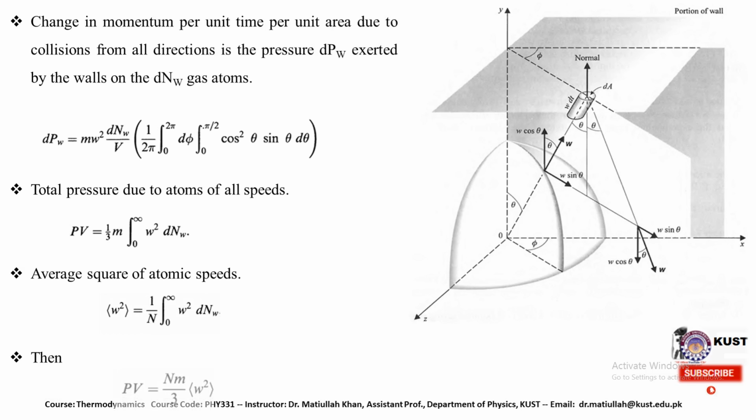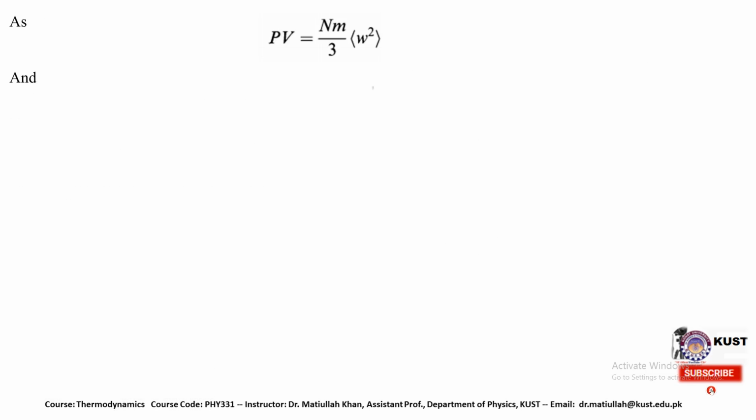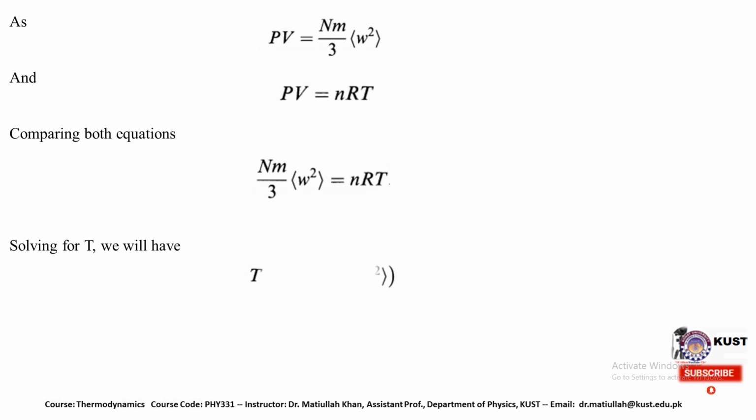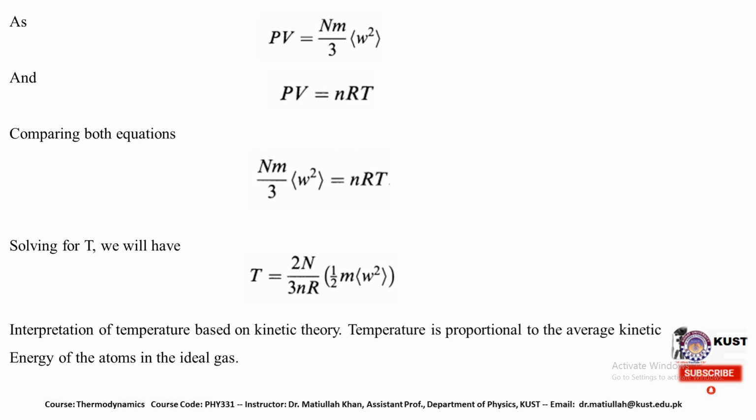The equation of temperature is capital T equal to 2N divided by 3NR times 1/2 m w square, and that is actually the interpretation of temperature based on the kinetic theory of gases.